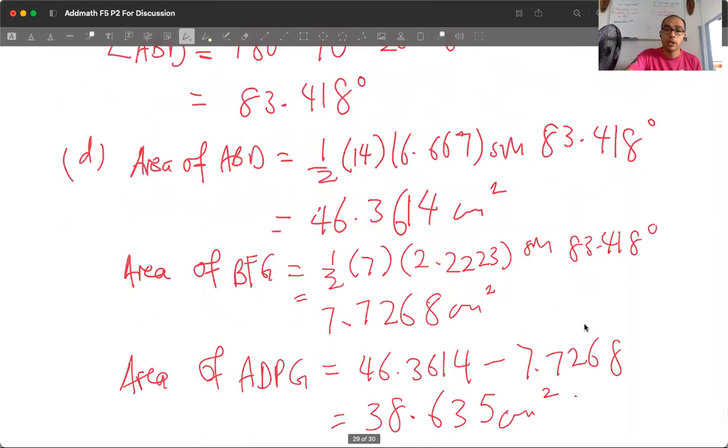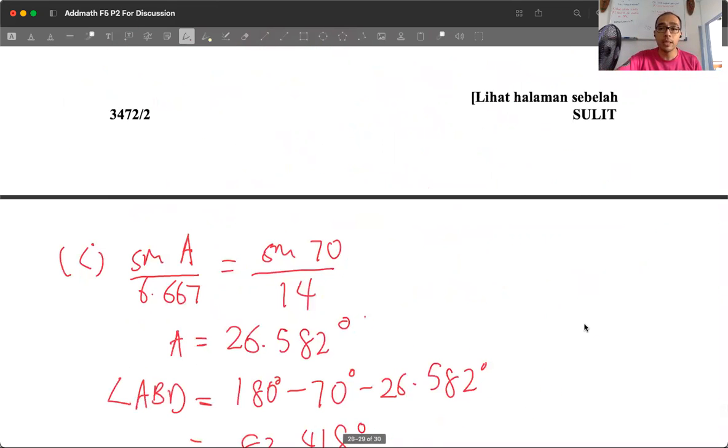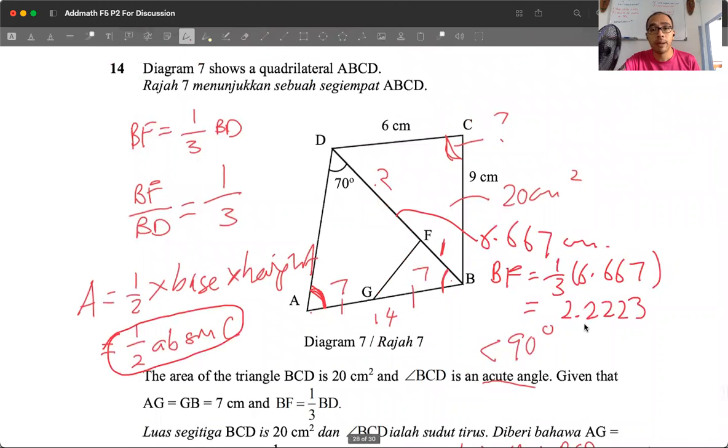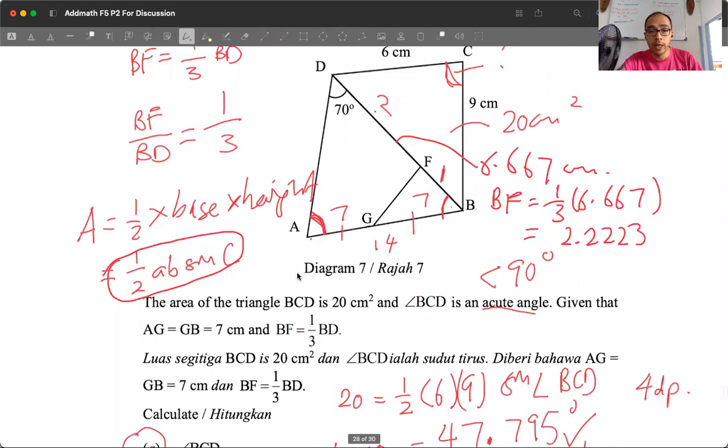Actually, this is a pretty easy solution of triangles question, because almost all the information is given. The only confusing matter, if it is confusing, is this.